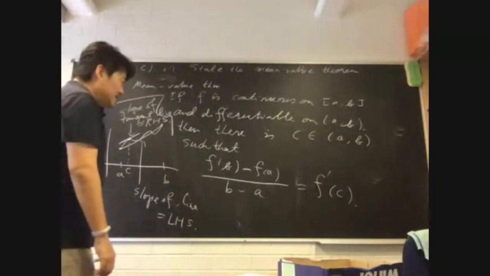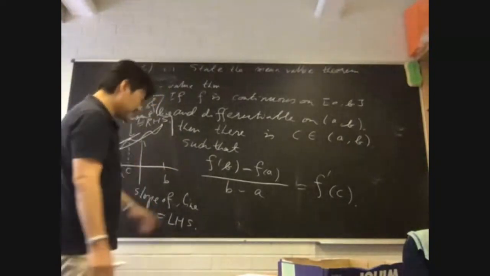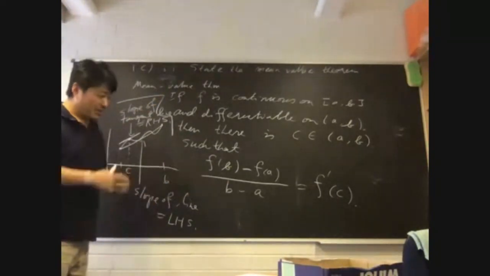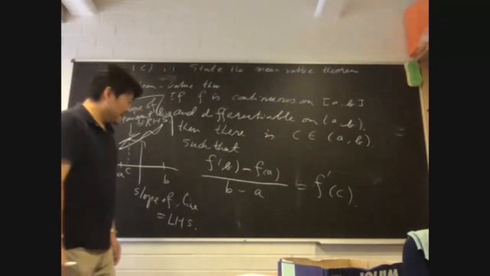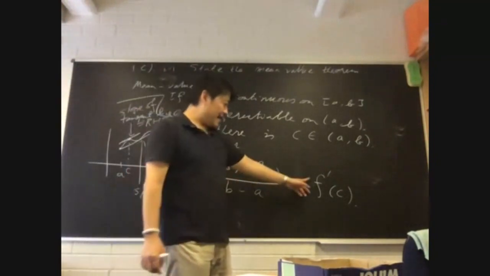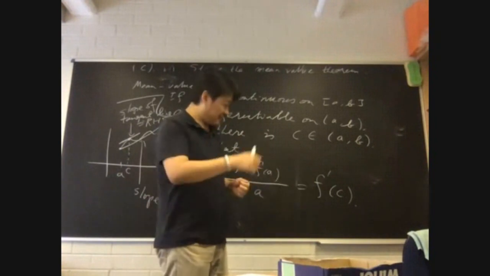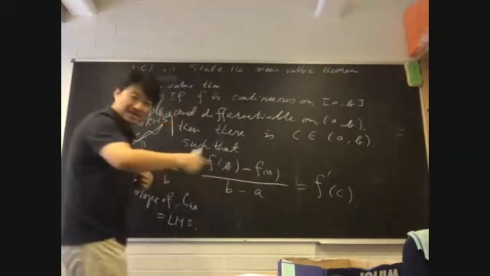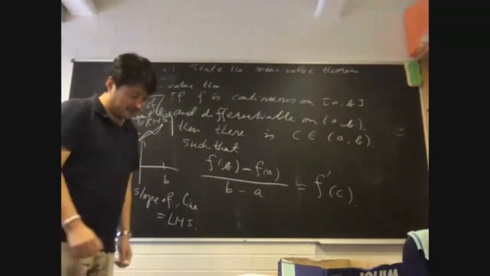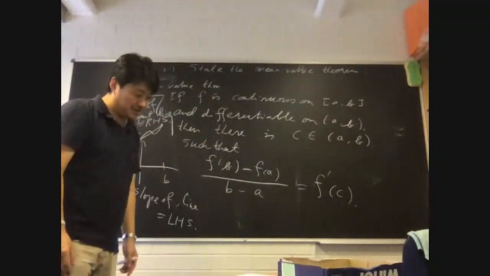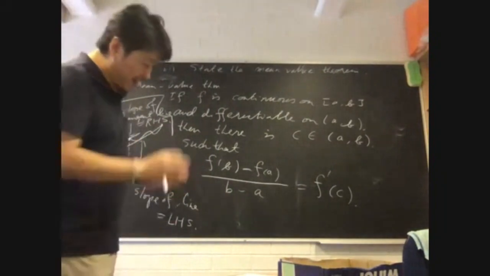Once you have that, the slope of the secant line going through the endpoints of the graph should be exactly the same as the slope of the tangent line at some point in the interior of the interval. And why is this useful?